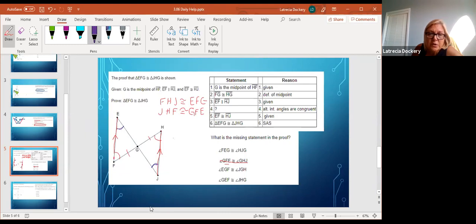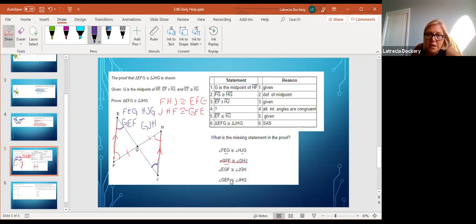EJ could be a transversal, and that would be FEG or GEF and HJG and G, J, H.